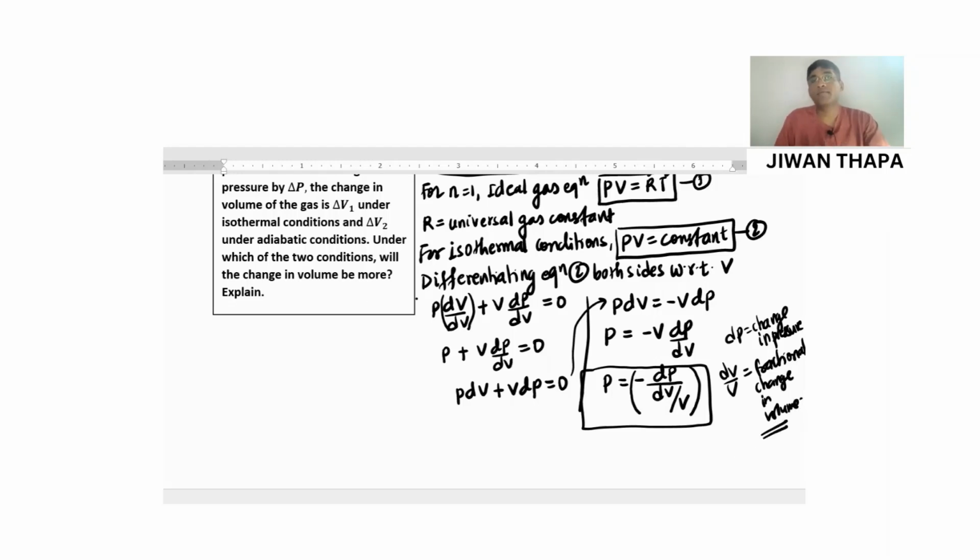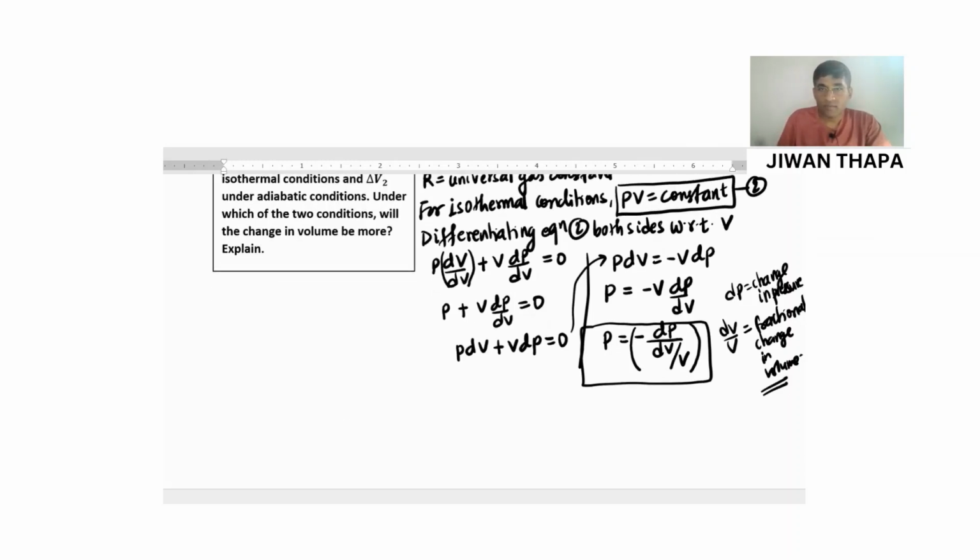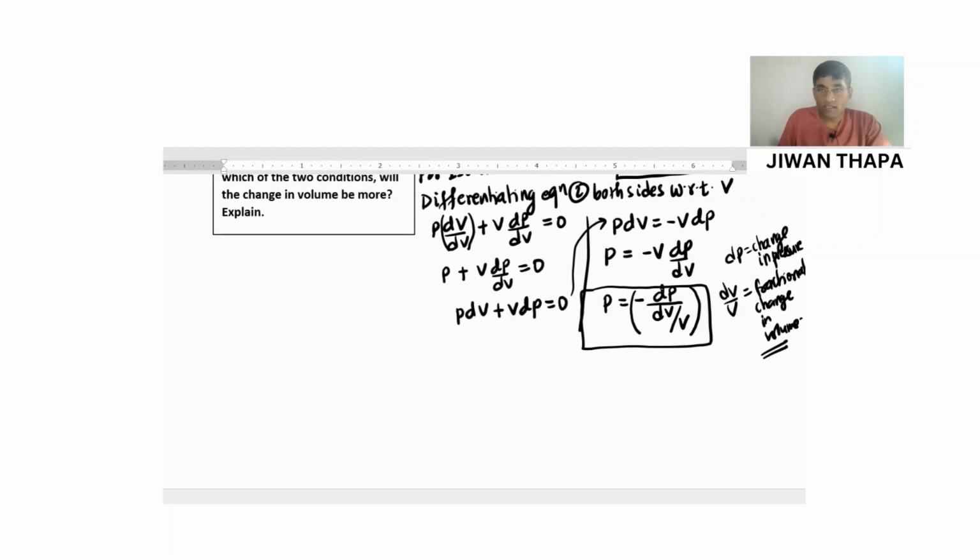So we find that this quantity inside the bracket is the bulk modulus of the gas for isothermal condition.